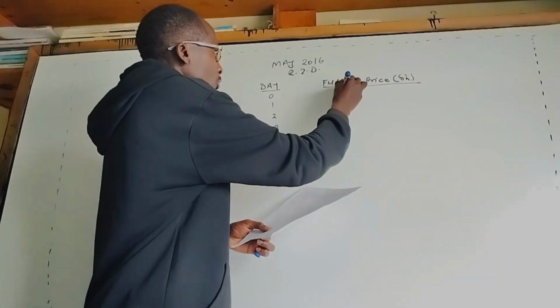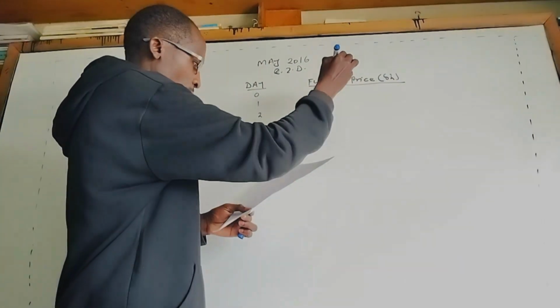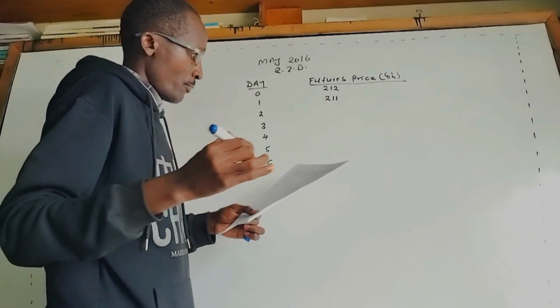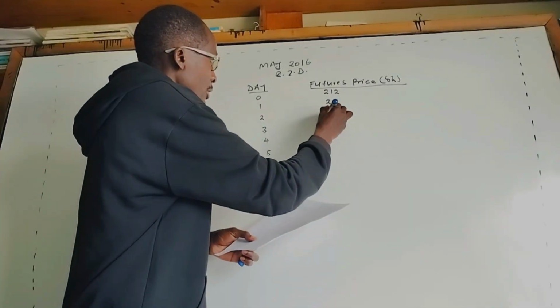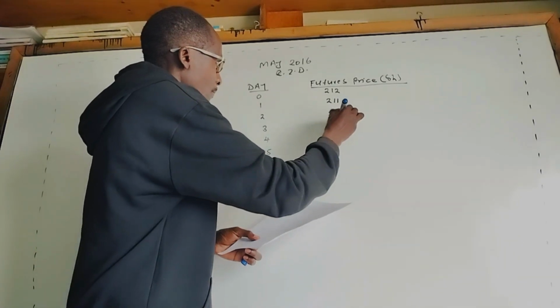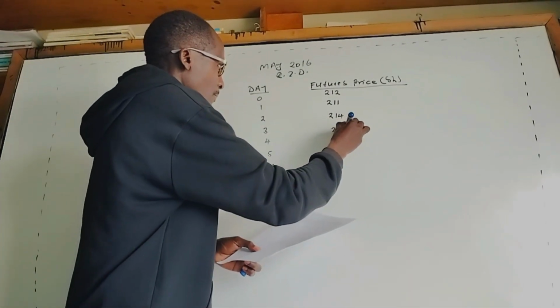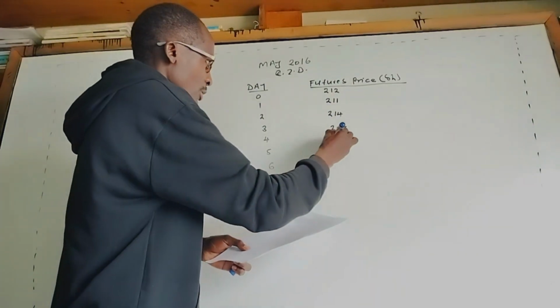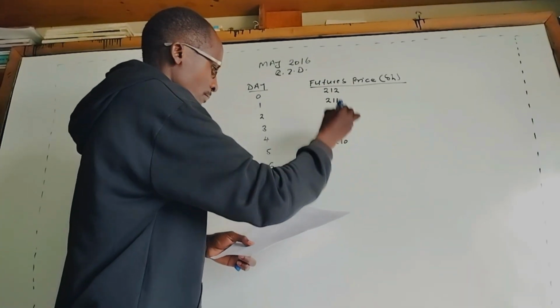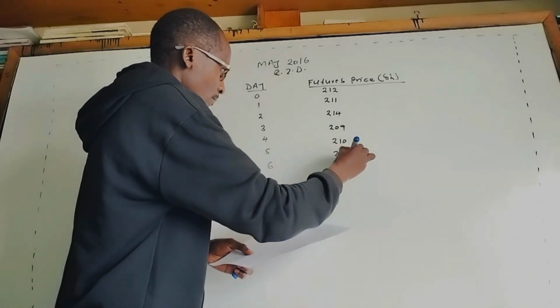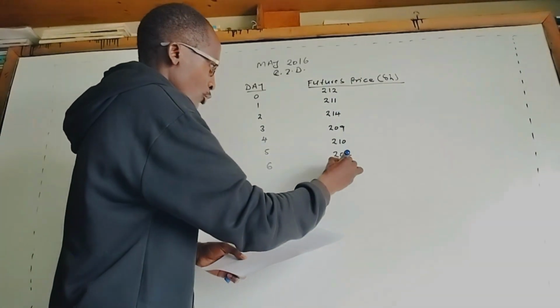We have 212, 211, 214, then 209, 210, 204, and 202.